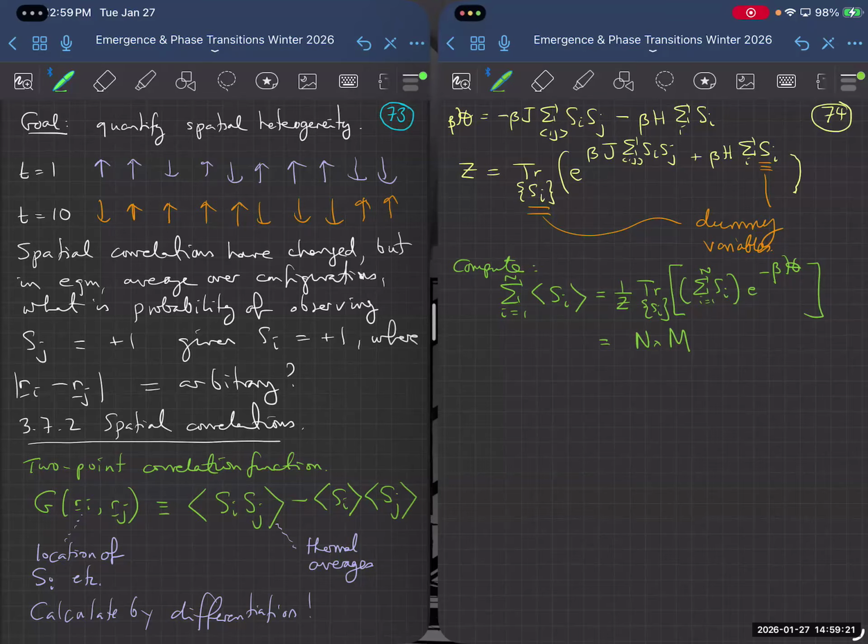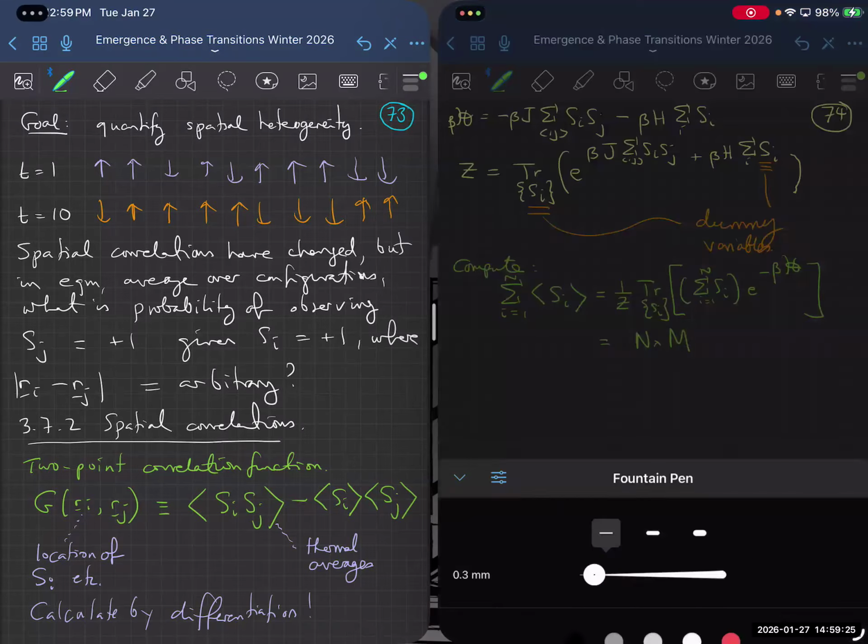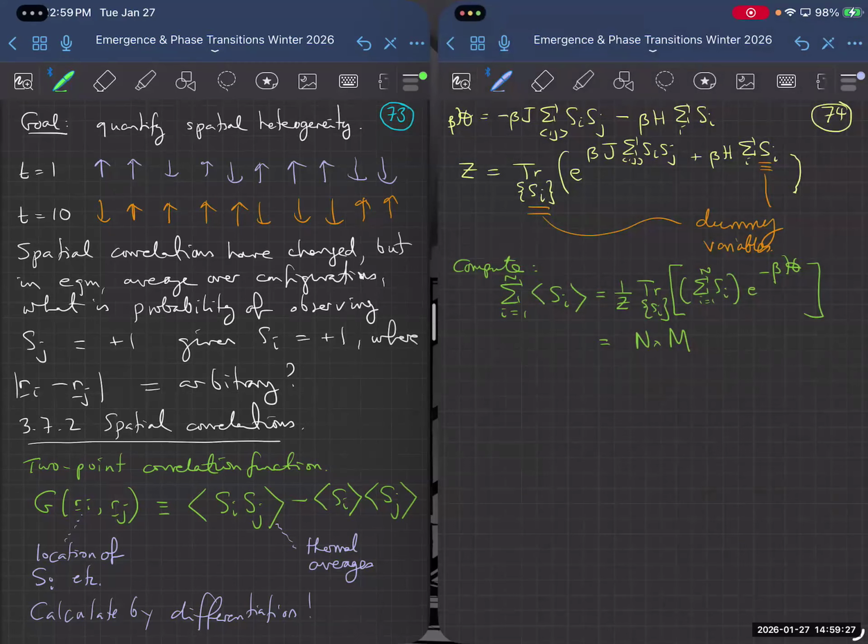And you can see that if I were to compute this as a derivative, we did it before earlier, but let me just remind you, what we can do is we can say, if I differentiate the Hamiltonian with respect to this external field h, then that will, because I'm differentiating e to the ax, differentiating with respect to a will bring down the factor x into the ground floor.